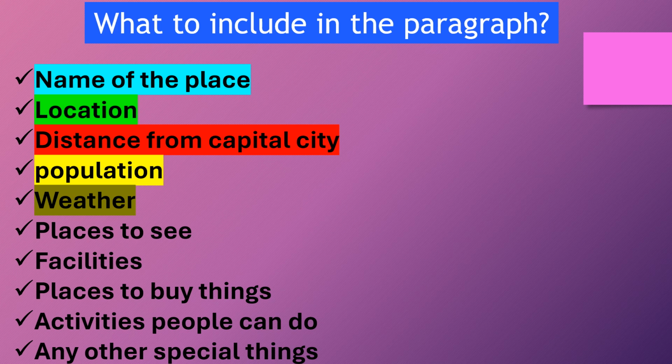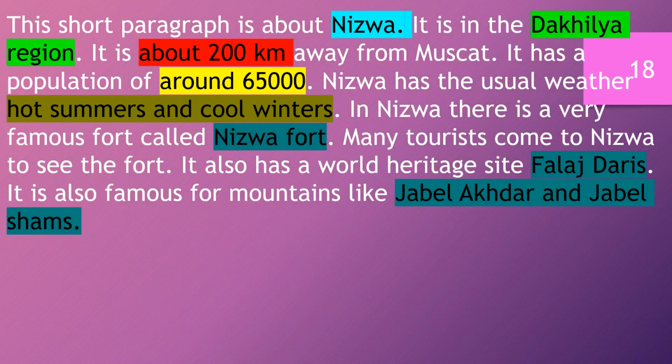Then you will write what places in Nizwa tourists can visit. Now here there are many places. So you can write: in Nizwa, there is a very famous fort called Nizwa Fort, right? That is one of the main tourist attractions in Nizwa. So you can write the name of the place, and if it is only one, you will use there is, and if it is famous, use the word famous.